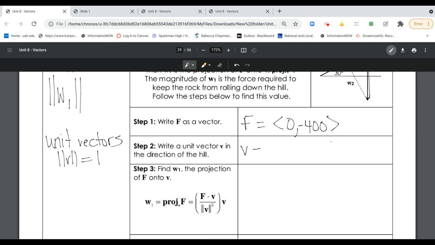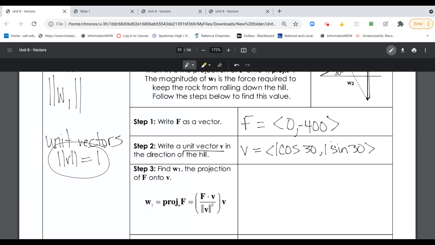So our vector V is going to be 1 cosine 30 degrees, because that's our angle, and 1 sine 30 degrees. Now the reason I'm using 1 is because it says write a unit vector, and the magnitude of all unit vectors are 1. So that's the length of my vector V.